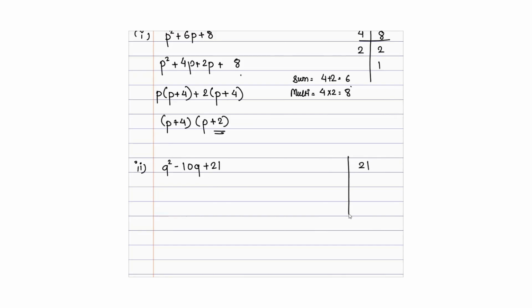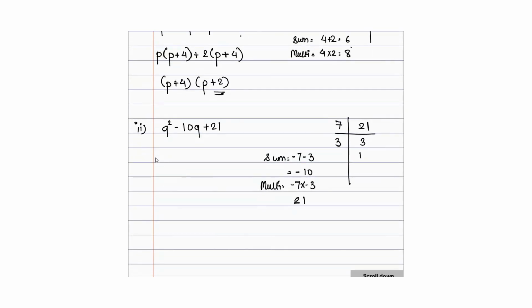So we'll do the factorization of 21. 3 times 7 is 21, 3 times 1 is 3. So we are getting two numbers, that is 7 and 3. If we do the sum of the numbers, that is minus 7 minus 3, this will be minus 10. If we do the multiplication of the numbers, that will be minus 7 into minus 3. 7 times 3 is what? 21, right?